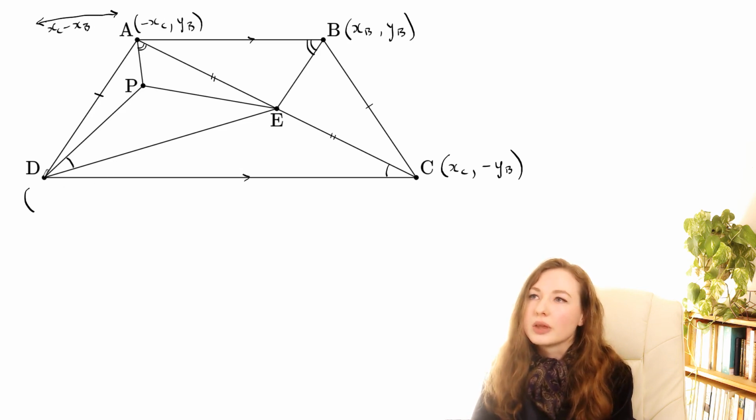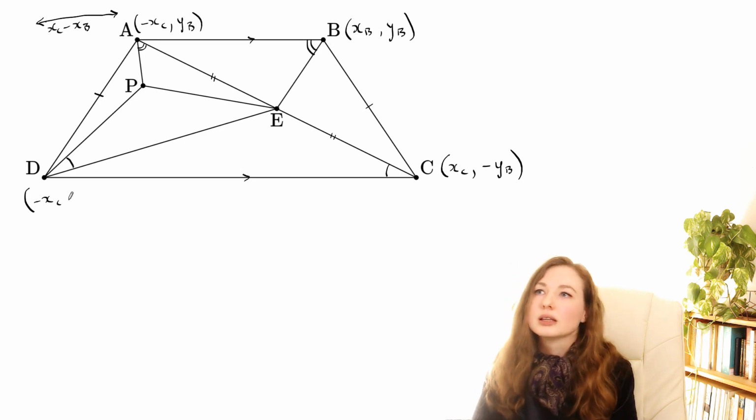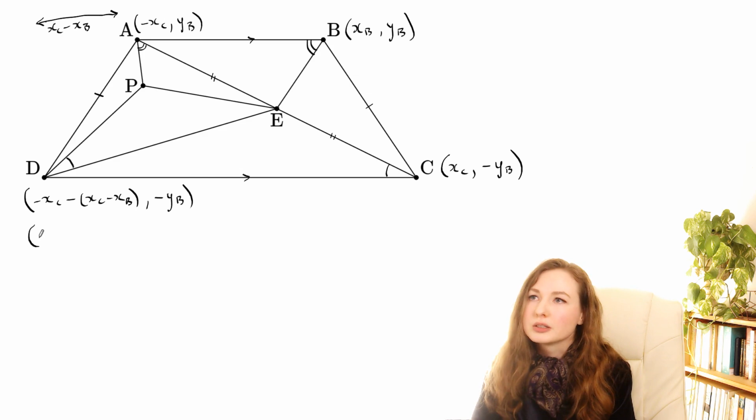So the x-coordinate of D is going to be the x-coordinate of A, negative xc, minus that because we're going to the left. And then the y-coordinate is going to be negative yb, and this simplifies down to xb minus 2xc.